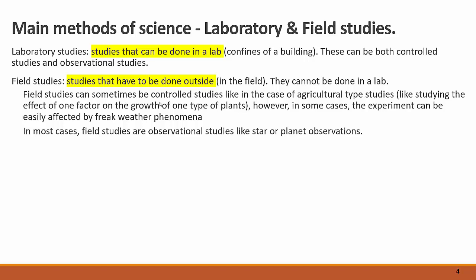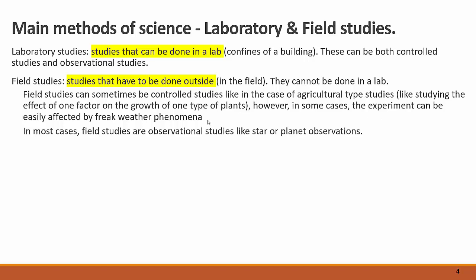Field studies can sometimes be controlled studies, like in the case of agricultural type studies, studying the effect of one factor on the growth of one type of plants, for example. However, in some cases, the experiment can be easily affected by freak weather phenomena.